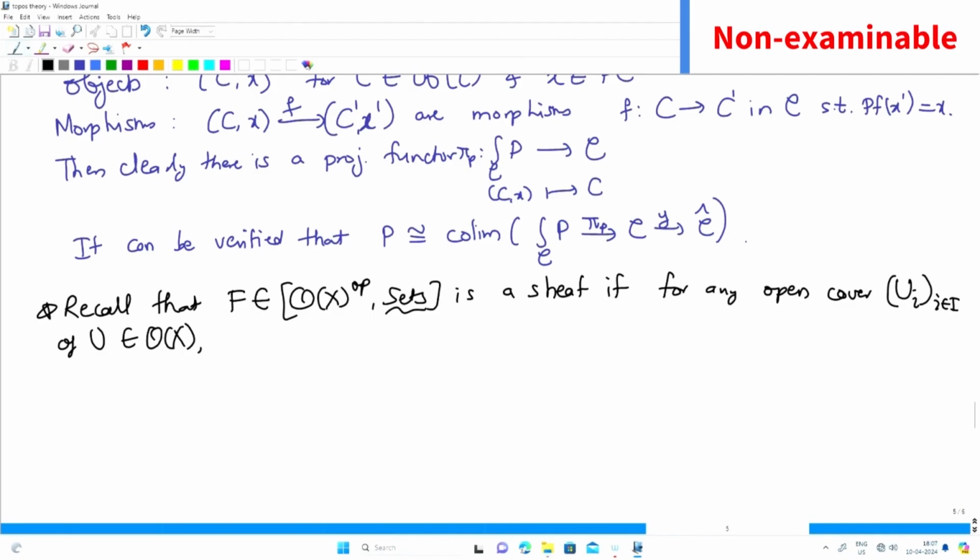So that can be written as this. Well, let me write it. You can take the product of F(U_i), i from I, and then there are two different maps. I'm calling them P and Q, and there is a massive product here over (i, j) in I cross I, and this is F of U_i intersection U_j.